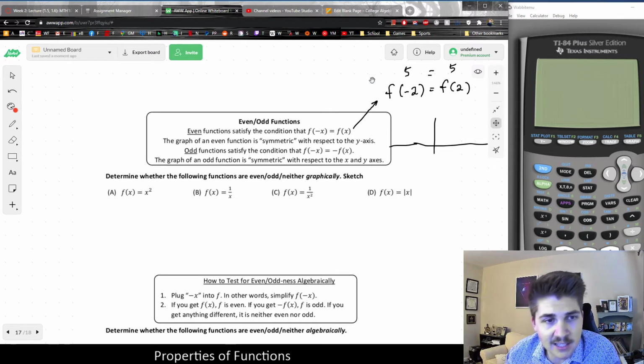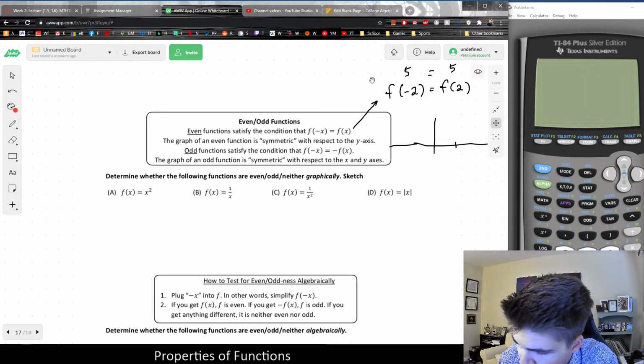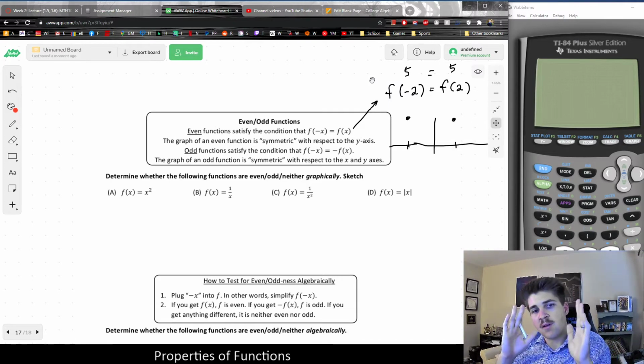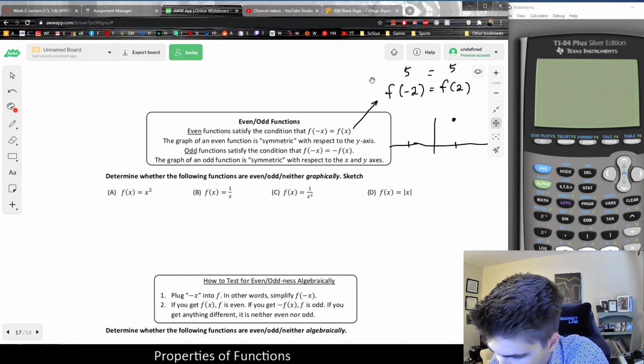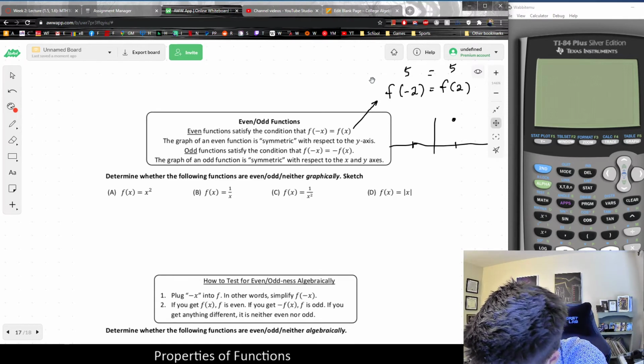Whether it's 2 or minus 2, the value would have to be the same on both sides. Again, I'm just picking 5 at random because I don't know a function, I'm just making something up. So whether I'm on the right side or the left side, we're going to have the same height value. And let me try to be pretty accurate with my height, because it's supposed to be 5 on both sides and 2 versus minus 2.